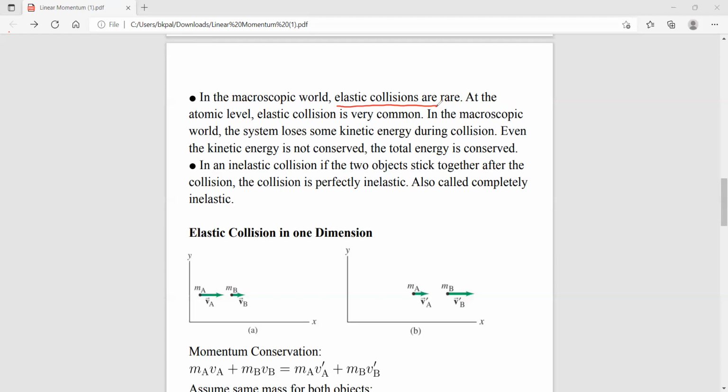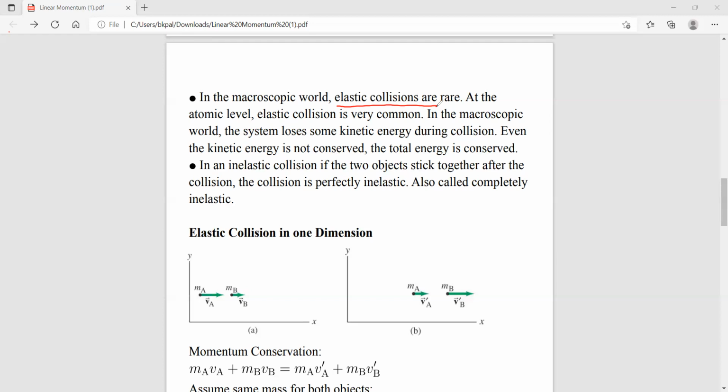When we talk about collisions, we are basically interested in whether the kinetic energy is conserved or not. In an elastic collision, kinetic energy as well as momentum are conserved. In an inelastic collision, only momentum is conserved.